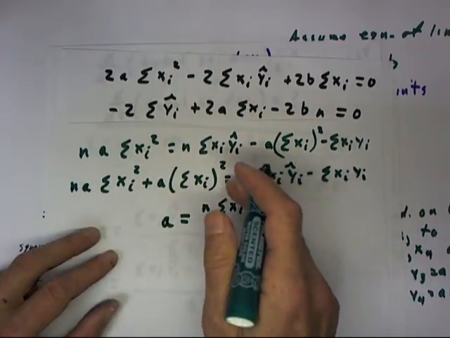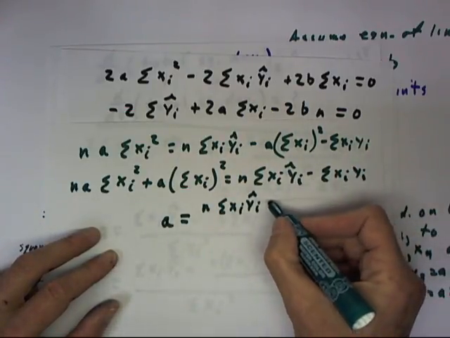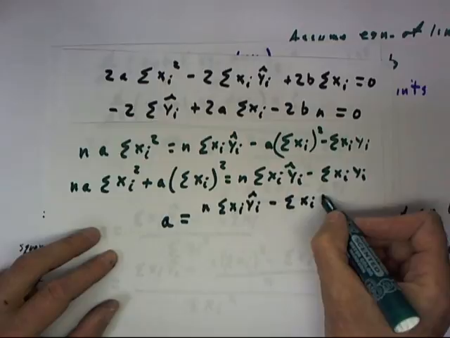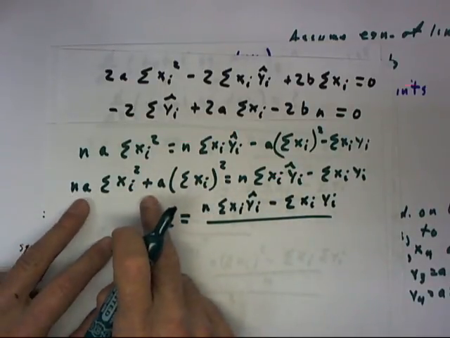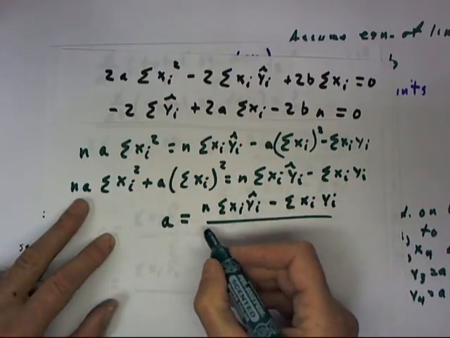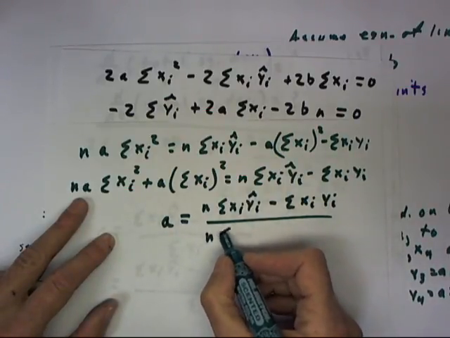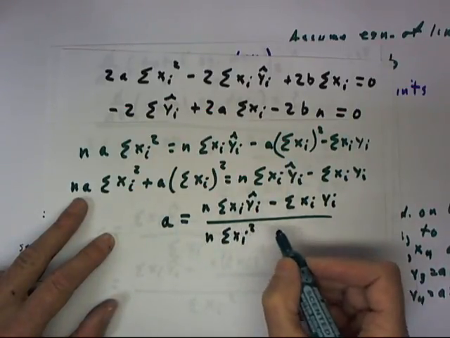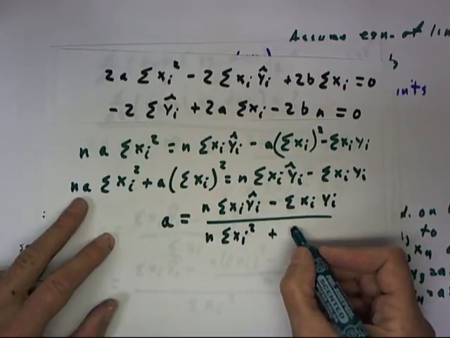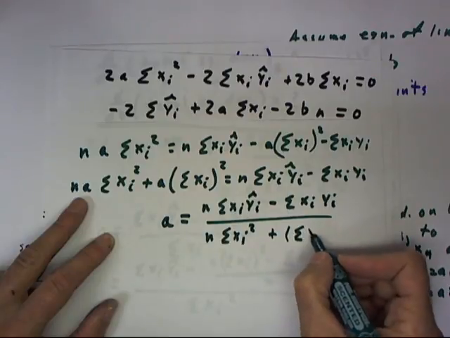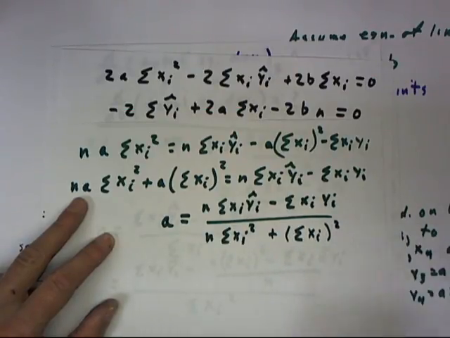So a is going to be this minus this divided by what we get when we factor a out of this term, which is going to be n times the sum of xi squared plus the sum of the xi quantities squared.